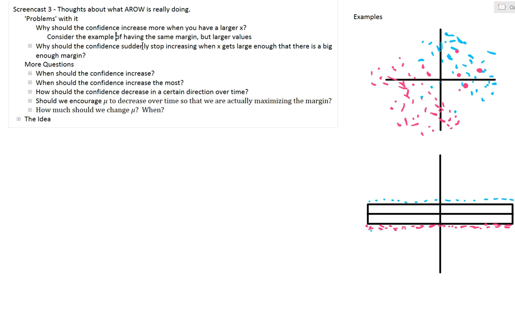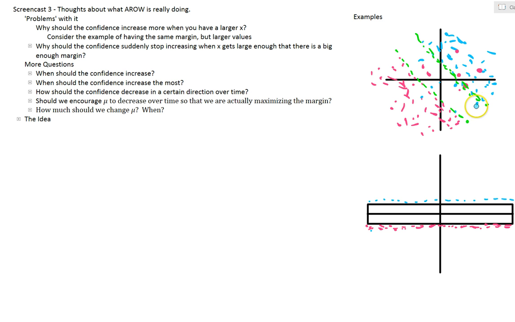Let's say roughly we've got this margin, and let's consider maybe we've got a point here or a point here. This point is just as close to the edge as this point, just as close to being over the margin. However, for this point, we're going to make the confidence much smaller. So does that make sense?